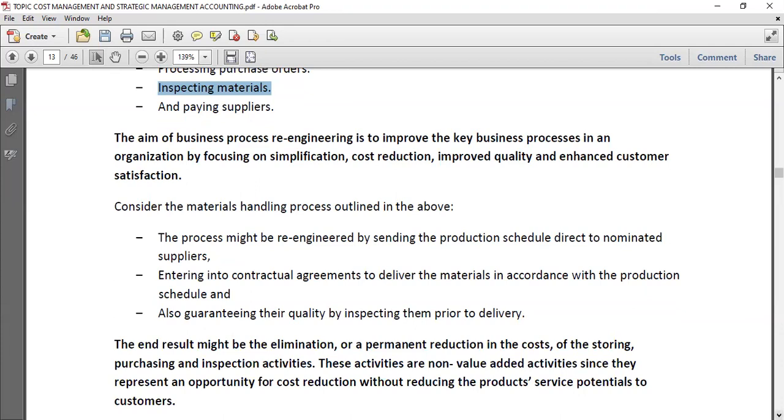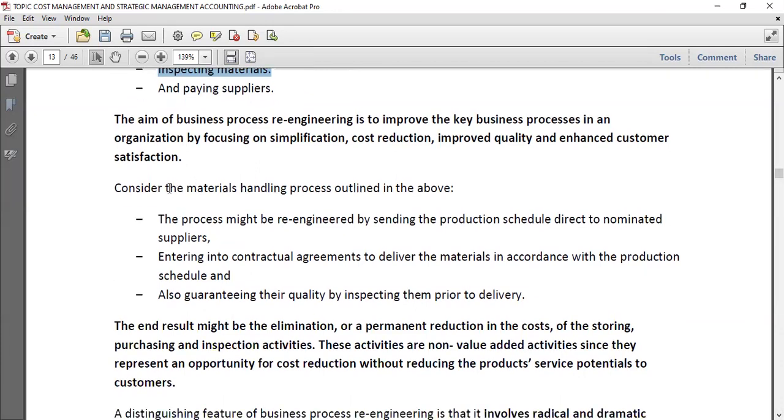So as we can see now, this is how the above activities can be re-engineered, okay? For example, they are saying the process might be re-engineered by sending the production schedule direct to the nominated suppliers. So instead of us having this production schedule confined to us, we may send this to our preferred suppliers so that they are aware of when we shall need the goods, okay?